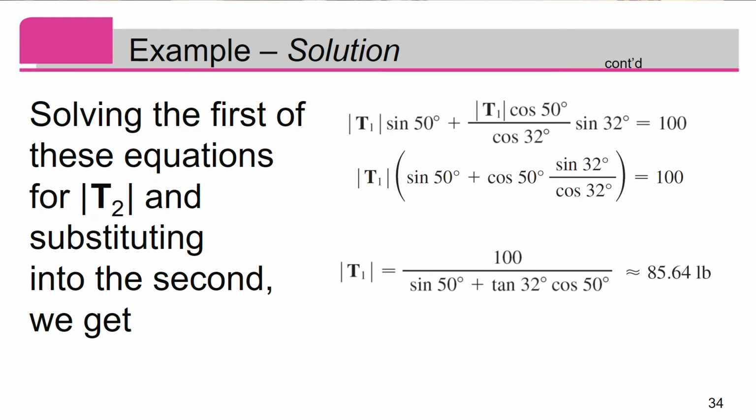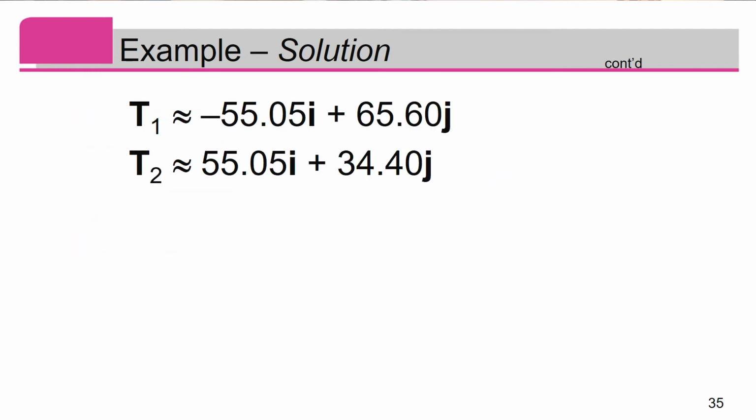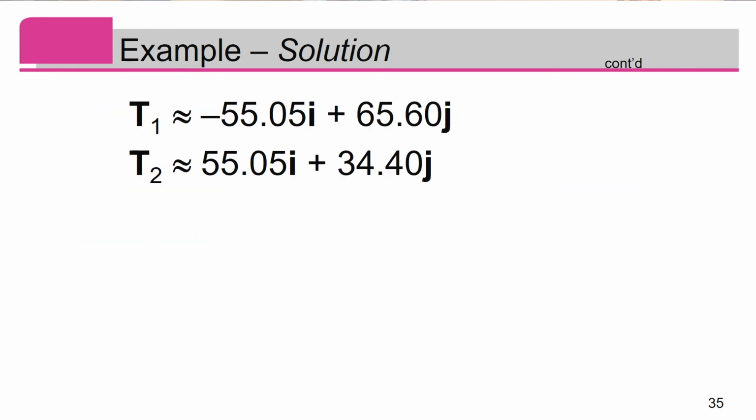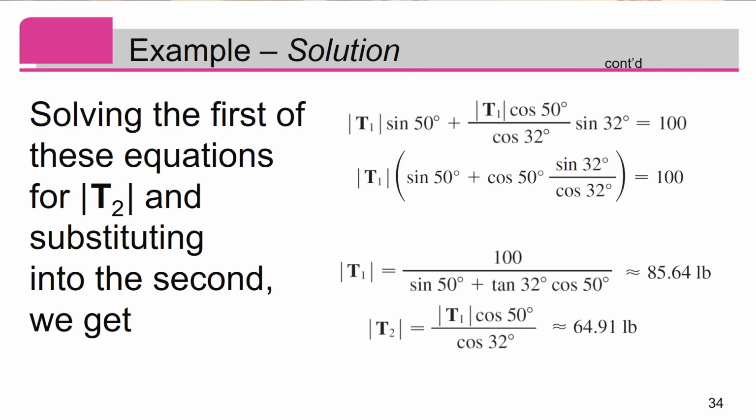So that's 85.64 pounds. This one is 64.91 pounds. We can come up with the components by using our original expressions for T1 and T2, but we don't really care about those. What we really care about are the magnitudes, how much tension there is in each of those lines.